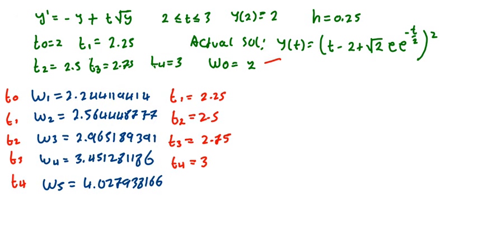If in the actual solution I substitute t naught, I'm supposed to make a comparison not with w1 but with w naught, which is 2. So for w1, you want to compare with the actual solution, you need to substitute t1. W2, use t2. W3, use t3. W4, use t4. Hence, it was reasonable why I was talking about us using 4 steps, because these are exactly what we need to come up with.